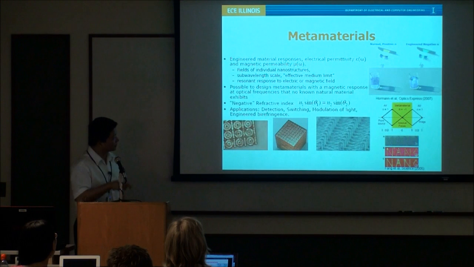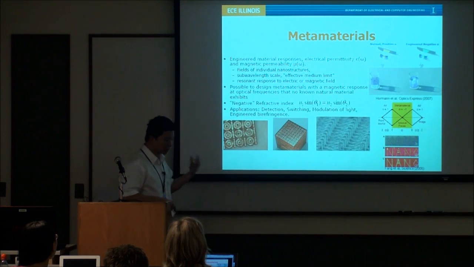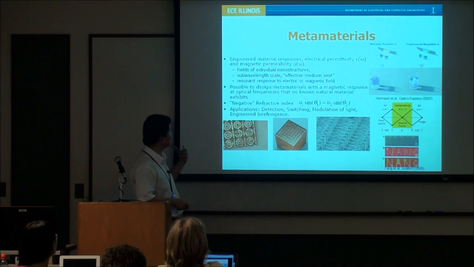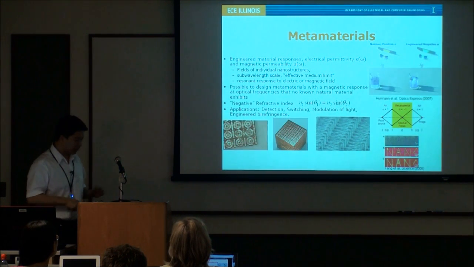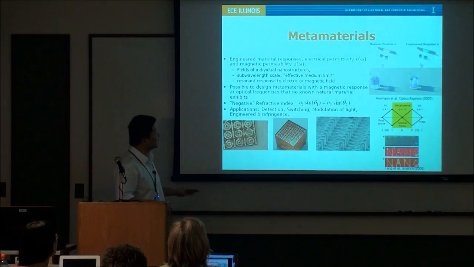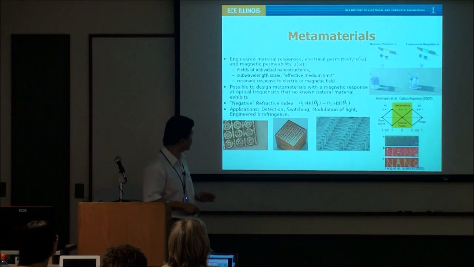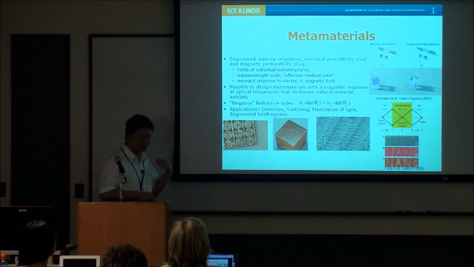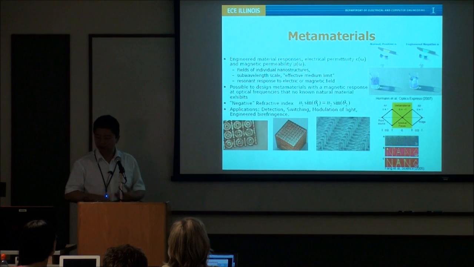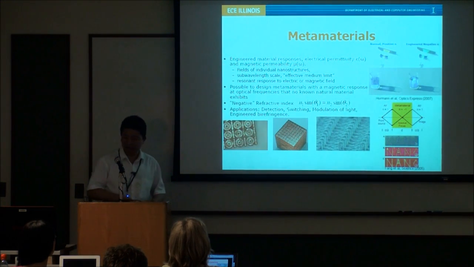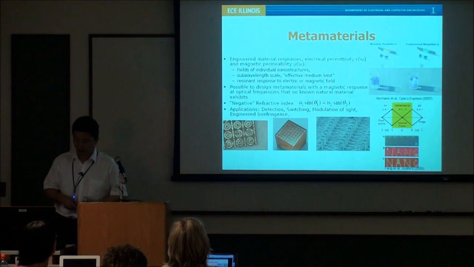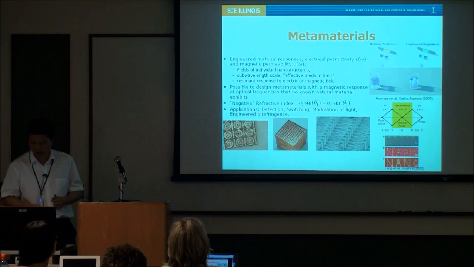Imagine a liquid with a negative refractive index. There are definitely huge applications. If we can create a metamaterial with a negative refractive index, we can do detection, switching, and modulation of light, and create engineered birefringence of light.